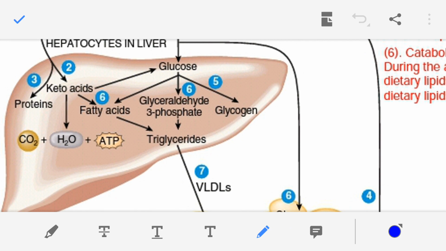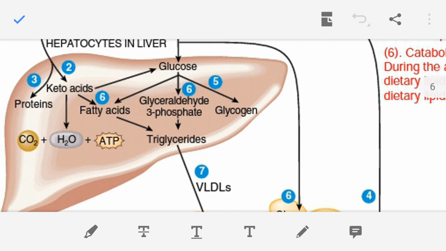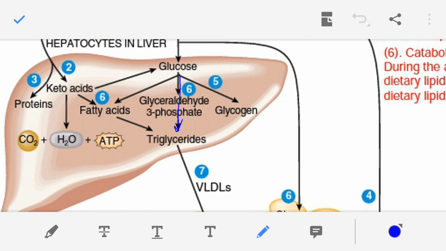Now glucose can be converted into fatty acids. Fatty acids combine with glyceraldehyde 3-phosphate and triglycerides are formed. So we can say from glucose triglycerides are formed, from glucose fatty acids are formed, from glucose glycogen is formed in the liver.